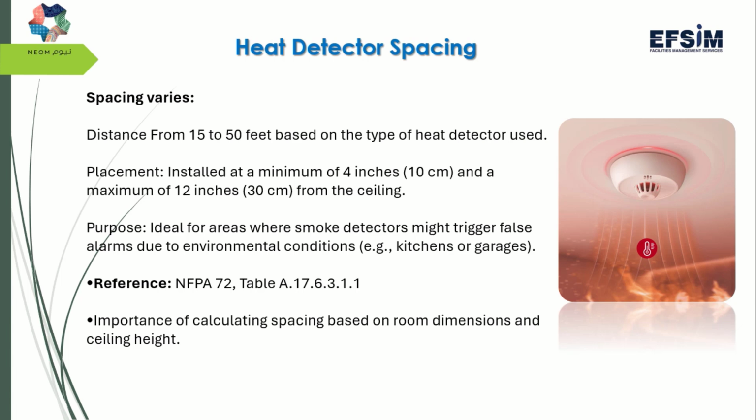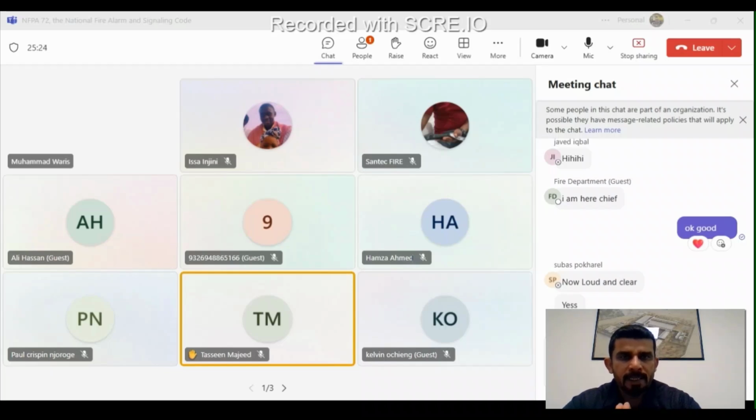This also depends on the height of the ceiling. The distance is in between the detectors, and the placement is where we are going to install the detector. Purpose I already told you. Reference, I already lectured on this topic, especially on how we can read the references from NFPA codes.